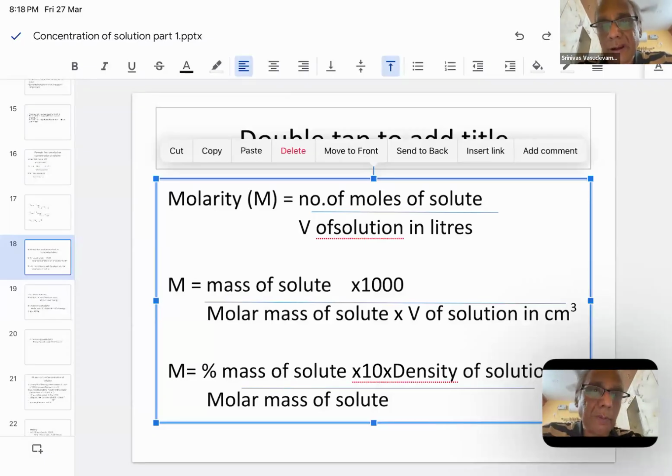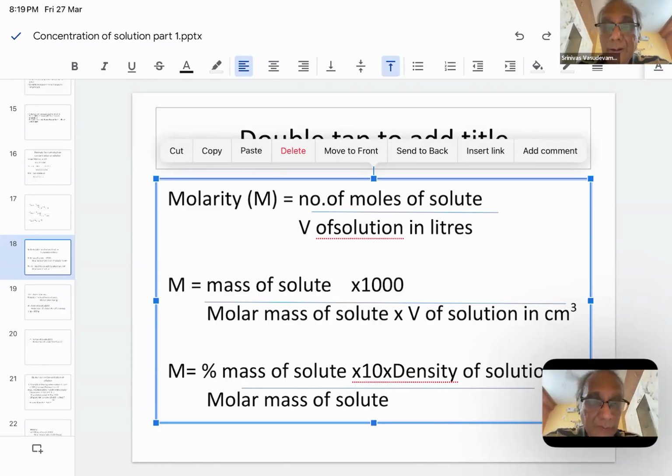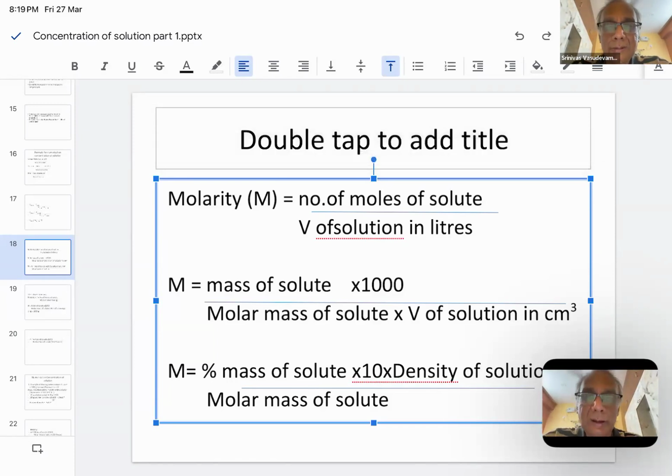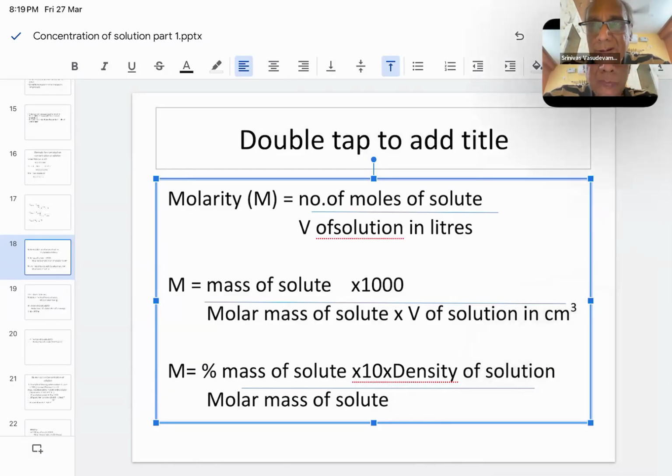Mass of solute divided by molecular mass of solute gives the number of moles of solute. In case the percentage mass is given, then I write it as percentage mass of solute divided by molecular mass of solute, into 10 into density of solution in gram per centimeter cube.